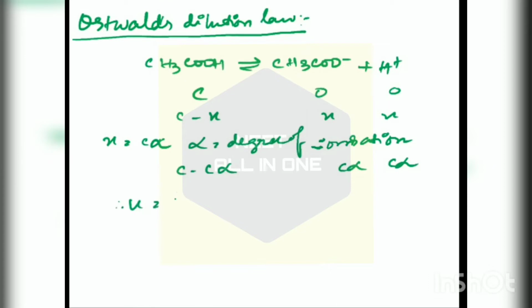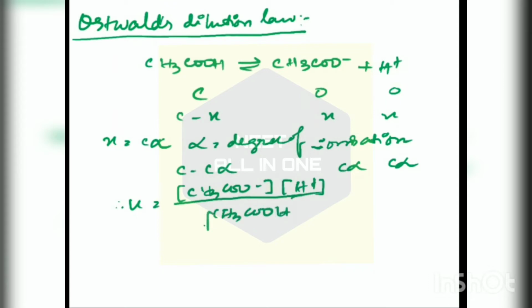So let's write the equilibrium constant expression here. That is CH3COO⁻ into H⁺ by CH3COOH. Right, so what will the expression come to? It comes like this: C alpha into C alpha by C, if we take common, into 1 minus alpha.